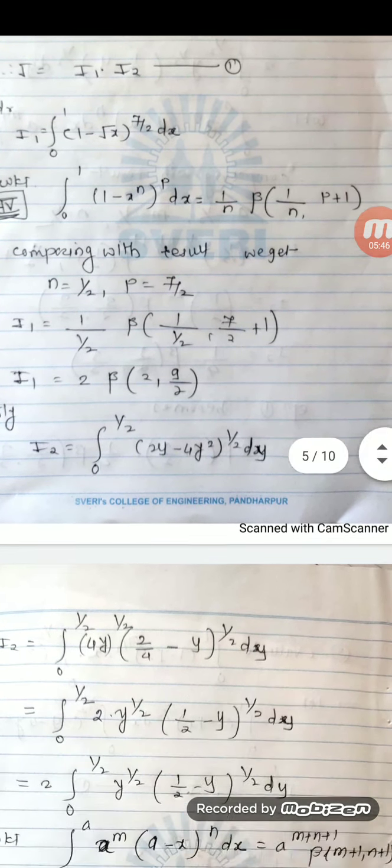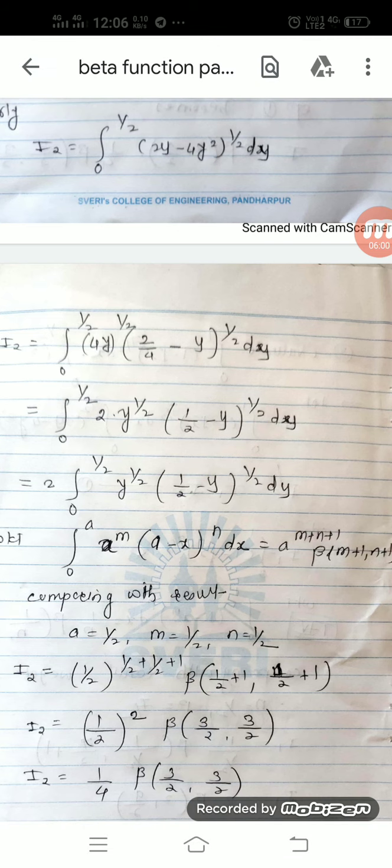Similarly, go for I2. For I2, we have to make the upper limit half A, that is a type 2 result. I have written A here, and the power of y should be 1. For that, take 4y common. If you take 4y common, the bracket power is half, so half will be carried with the 4y raised to half.